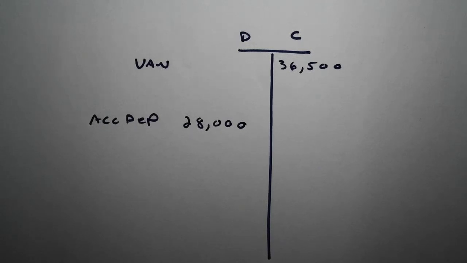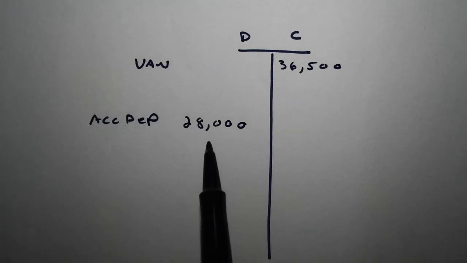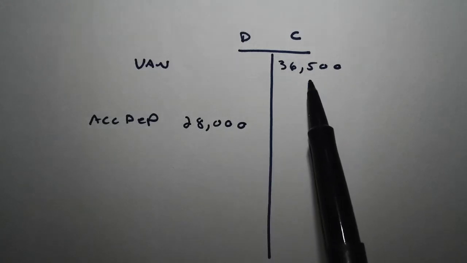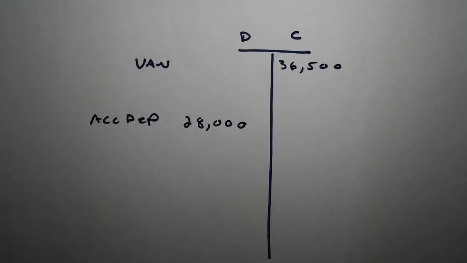Okay, and that's what's actually happening. We're selling the van. So that debit will take care of the credit balance of accumulated depreciation, and this credit to van for $36,500 will get rid of that historic cost of the van from our books.